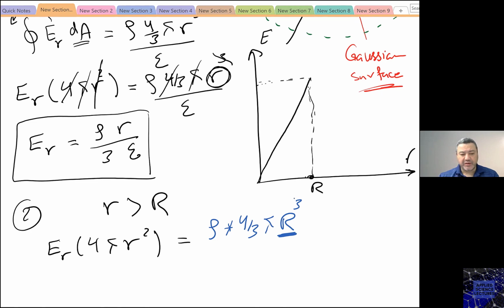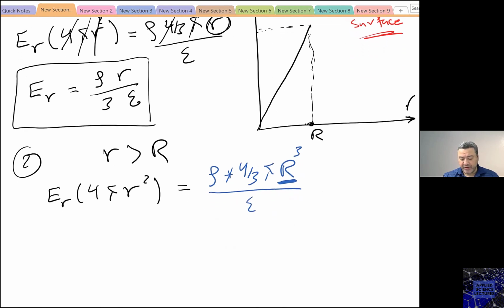Because capital R defines all the charges. I already enclosed all the charges from R and going further, in this region number 2. So this is going to be the capital R cubed divided by epsilon. Then rearranging.